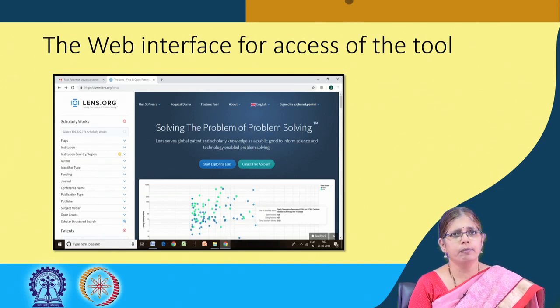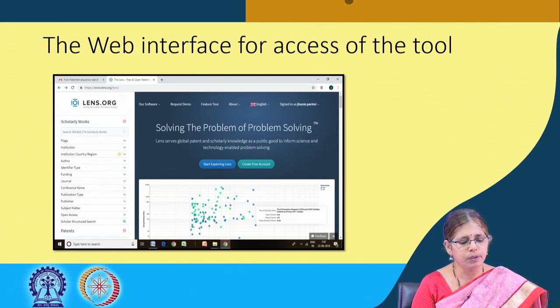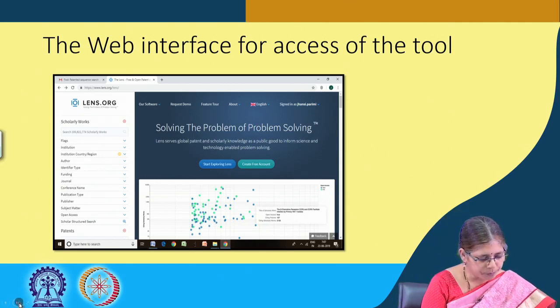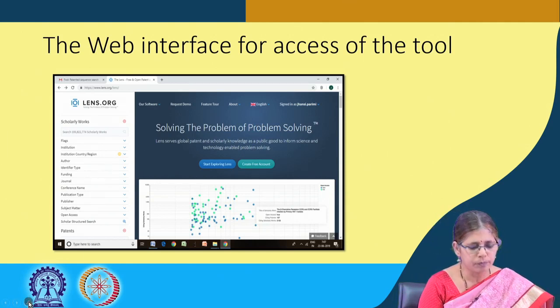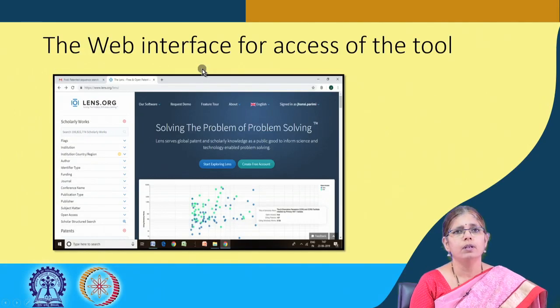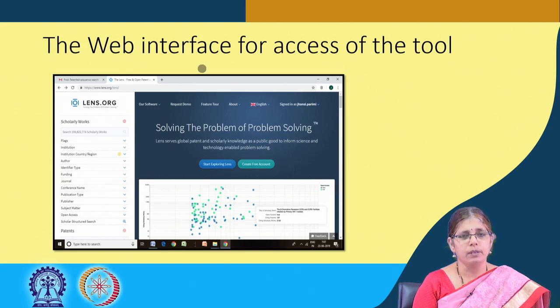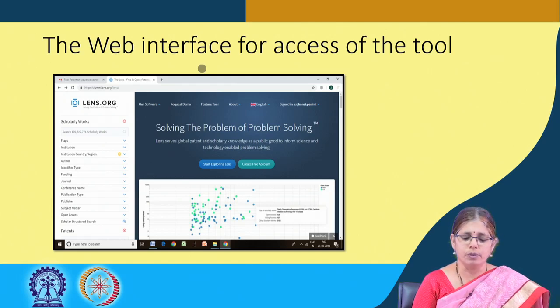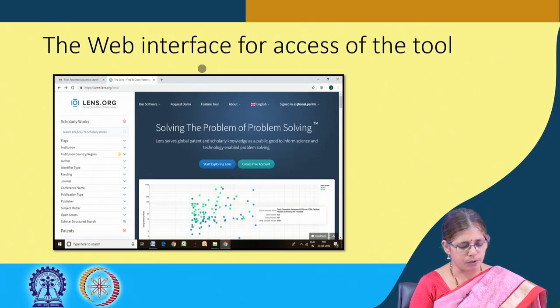This is the basic interface for access to the tool. If you go to lens.org, one can look at the interface, and it provides a very user friendly approach in relation to the search.